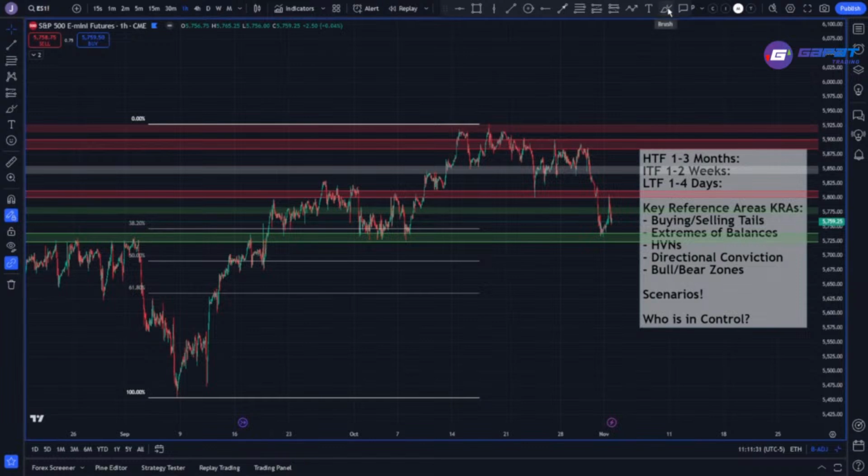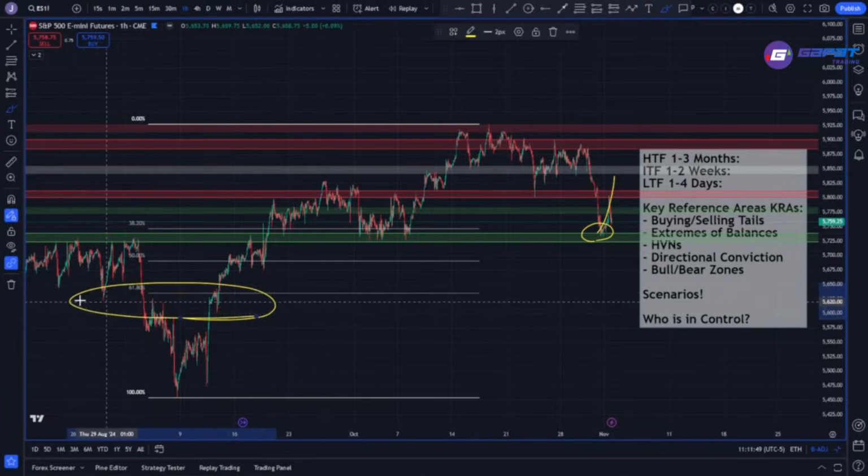What that's telling me is the buyers might still step in and be in control from here and be able to change the intermediate time frame trend back into a bullish trend. So you should only really start worrying about the potential bullish nature of the higher time frame if we are breaking below this 61.8% area.